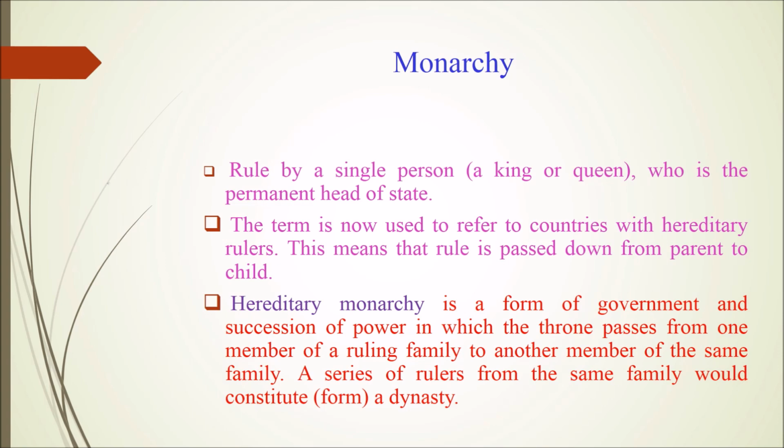Hereditary monarchy is a form of government and succession of power in which the throne passes from one member of a ruling family to another member of the same family. A series of rulers from the same family would constitute a dynasty. Here, constitute means form a dynasty.